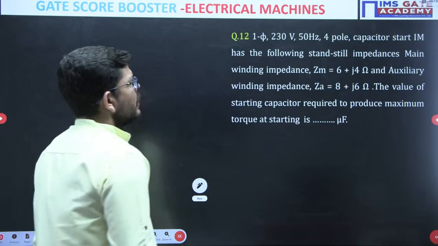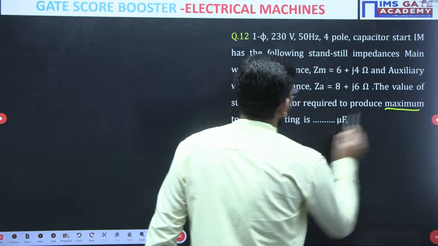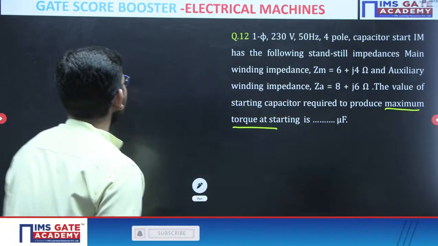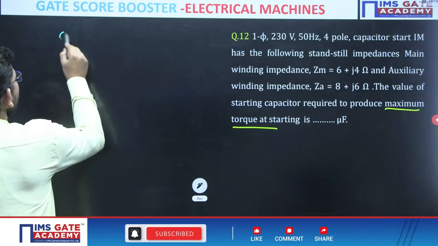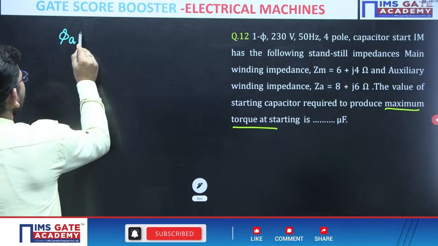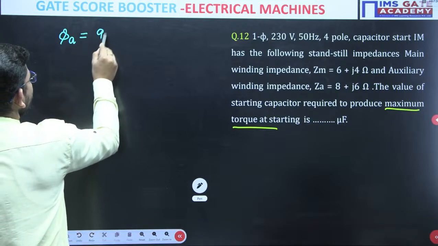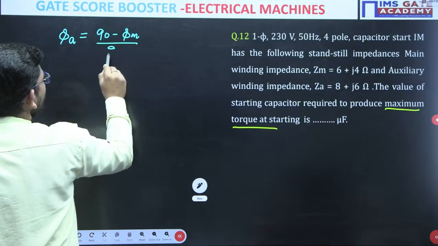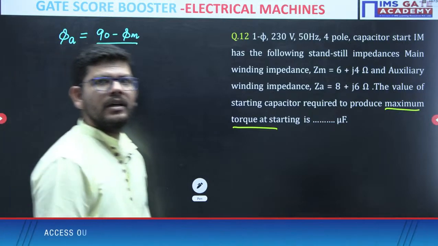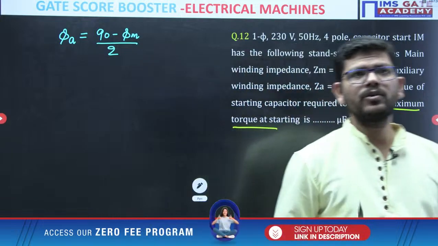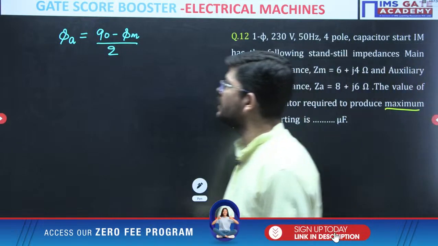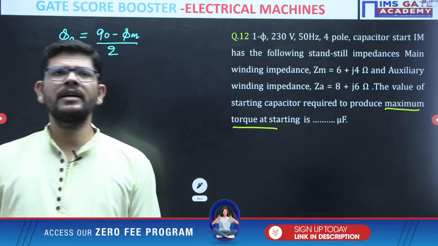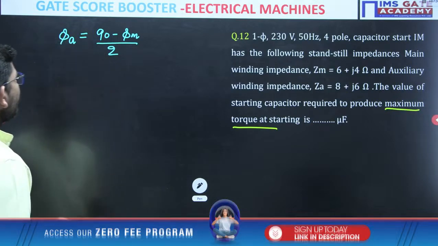If the maximum torque at starting condition is given, then the phase angle of the auxiliary winding is 90 minus the phase angle of the main winding by 2, which is what you have to apply. Correct? Under this condition, to have maximum torque at starting, the auxiliary winding phase angle is 90 minus main winding phase angle by 2.